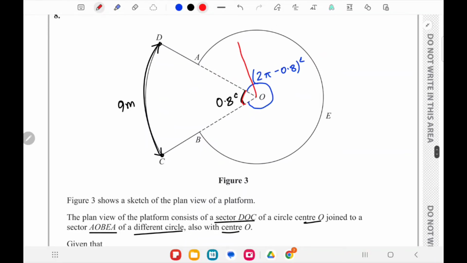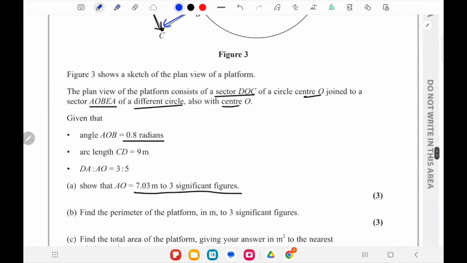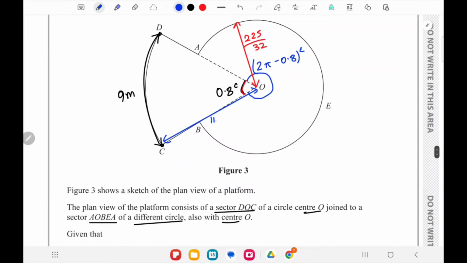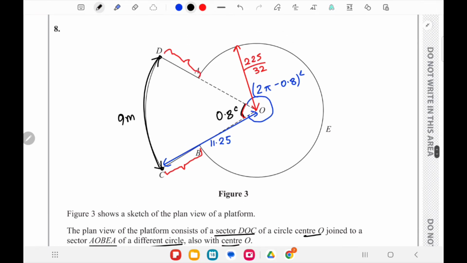So this radius is 225 by 32, and this radius over here is 11.25. We also need this length because we have two of these lengths plus the two arc lengths. So this will just be 11.25 minus 225 by 32.